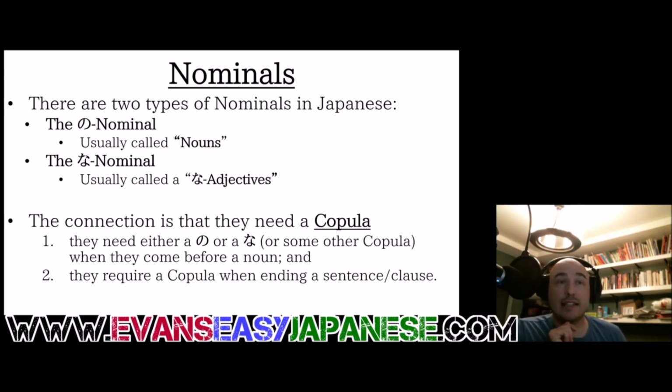Basically, these guys need the copula. We'll talk about the copula very shortly. It's going to be one of the major guys. The Japanese copula is very tricky, but let's keep on trucking. So nominals basically need a copula afterwards. We're talking nine times out of ten, you're going to see a copula after them.